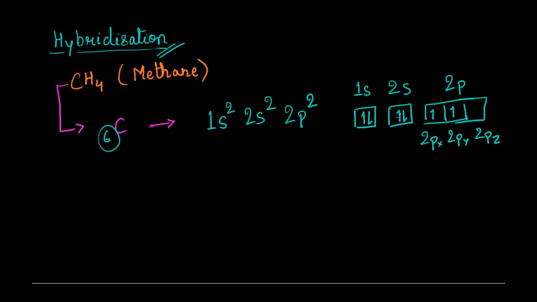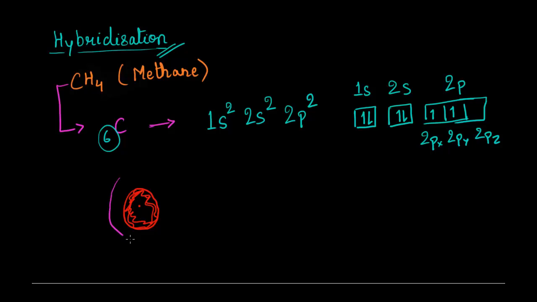Now let's visualize how the atom of carbon looks. I have the nucleus at the center. Then I have this 1s orbital, and there are 2 electrons in this 1s orbital.